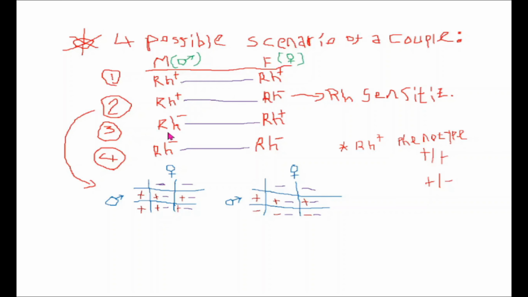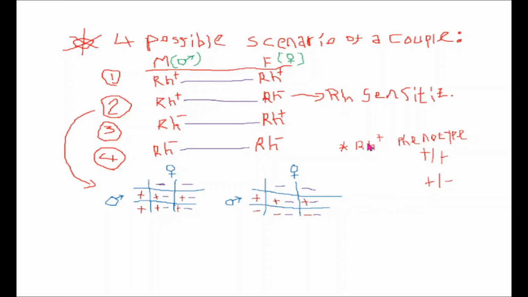And the third scenario is the male could be Rh negative and the female Rh plus. And the fourth one is the male could be Rh negative and the female could be Rh negative. The Rh sensitization will be there when the male is Rh plus and the female is Rh negative.